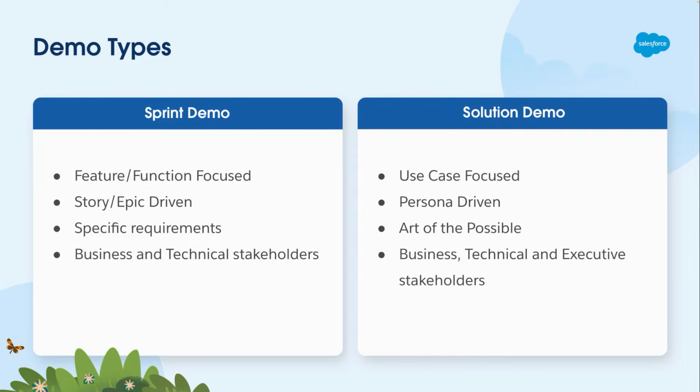And then this is where, again, it can vary audience-wise, and a lot of times this may be more focused on the business side, or sometimes it may be a little bit more technical, or we could have a combination of executives and business and technical in the room. But again, this is the one we're really going to talk about when we talk art of the Salesforce demo.